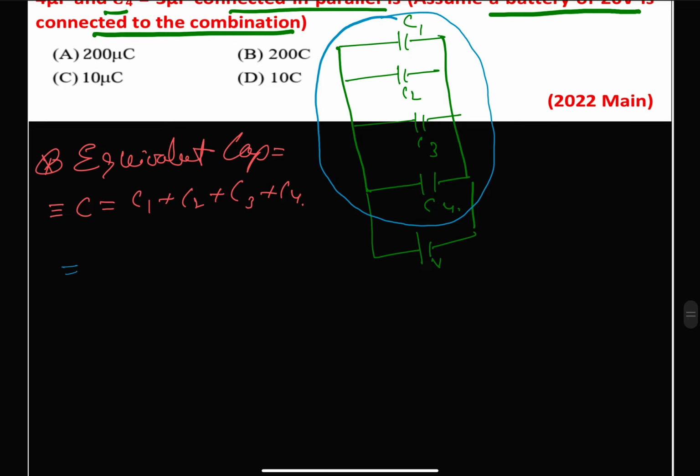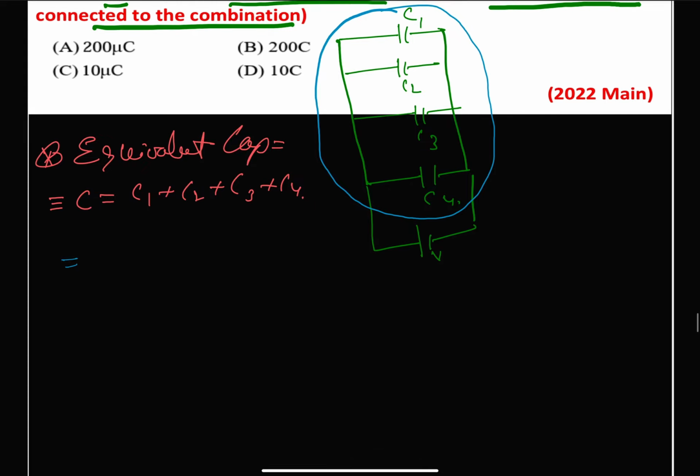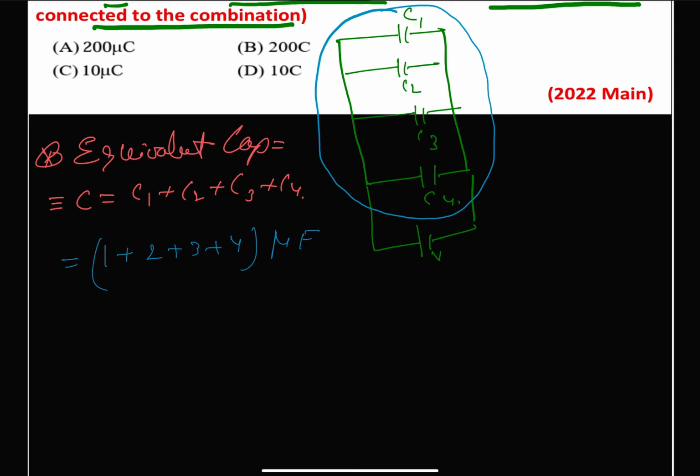We are given these as 1, 2, 4 and 3. 1 plus 2 plus 3 plus 4 microfarad. So we get our C equal to 10 microfarad.